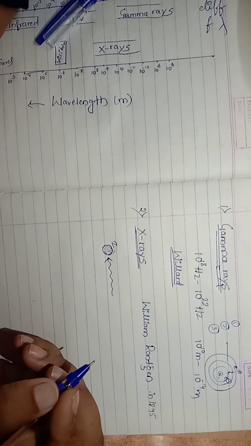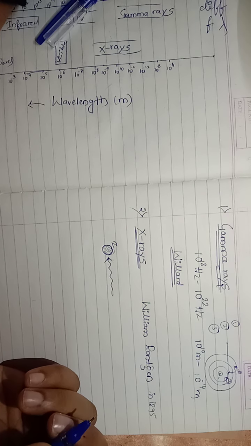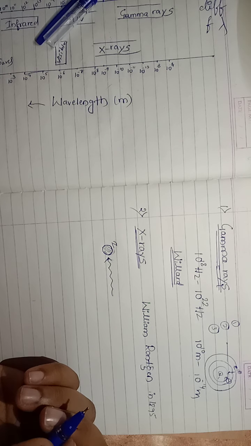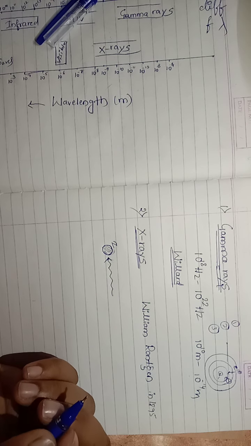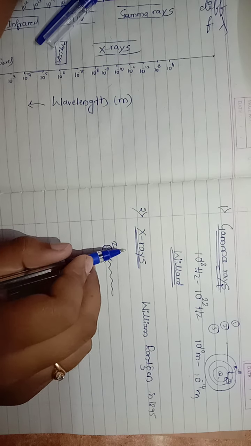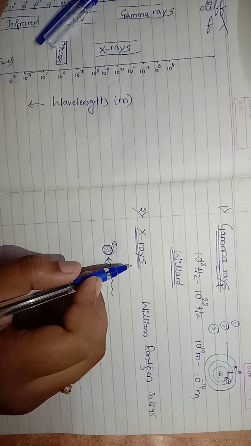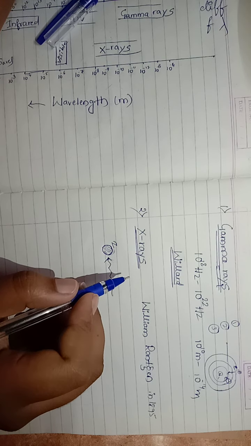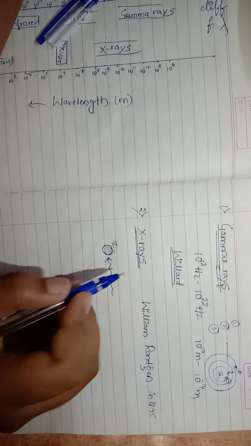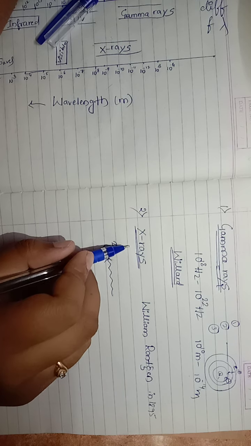Understood? You already know their frequency and wavelength, so I won't discuss much about this. One more important thing is you have already seen X-ray scanning in hospitals. Whenever you get a fracture of the bones, if they want to see your bones, they will do an X-ray. Why?